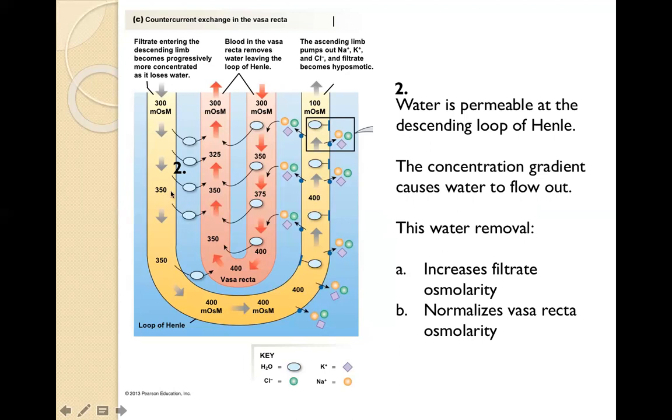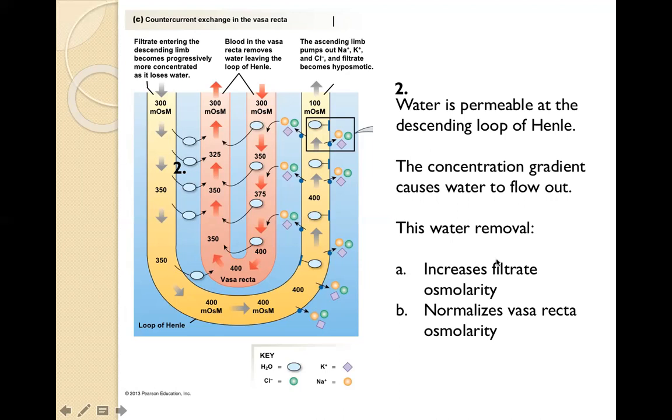And as water is being brought into the vasa recta from the descending limb of the loop of Henle, the concentration within the blood is going down. And it goes down until it reaches equilibrium with the fluid that is in the descending limb of the loop of Henle.